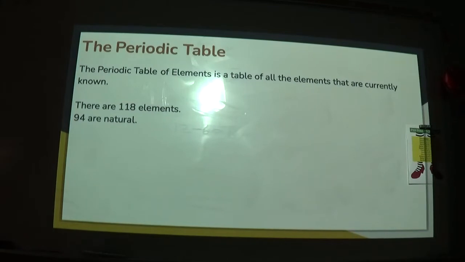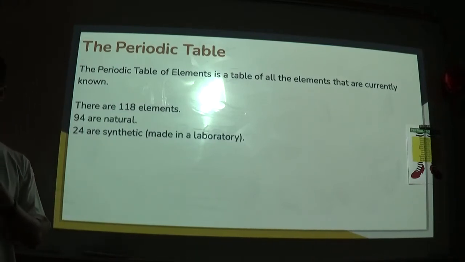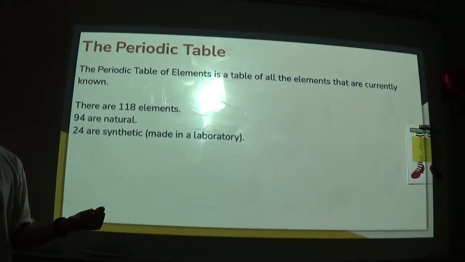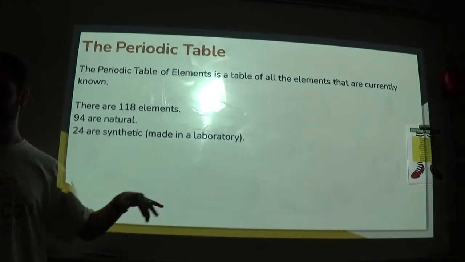Quick math. 118 minus 94? 24. 24 are synthetic. Okay, so they are atoms and they do exist, but they're so unstable that they radioactively decompose and become other elements. So their nuclei fall apart, which is kind of wild. But they do exist for a short period of time if you make them in a lab. Okay, so that's what I mean by synthetic.